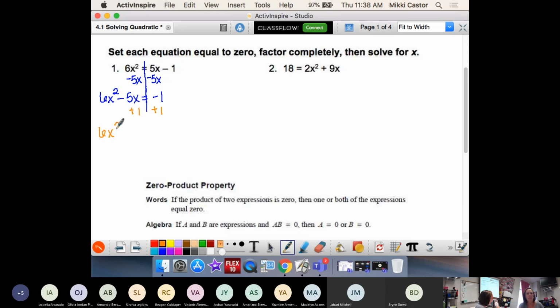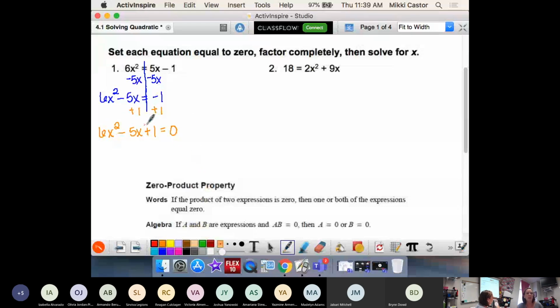So now we have 6x squared minus 5x plus 1 equals 0. None of those are like terms, which is why I didn't add any of them together. Is all that part okay? Just moving all the terms over to one side of the equation, so we have just a 0 on the other side.